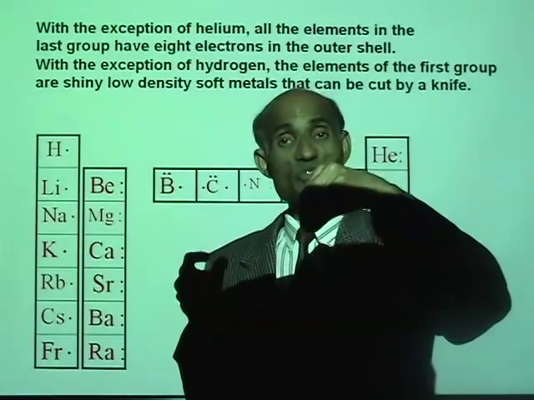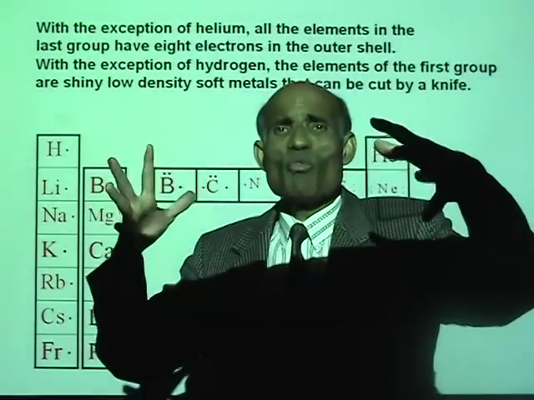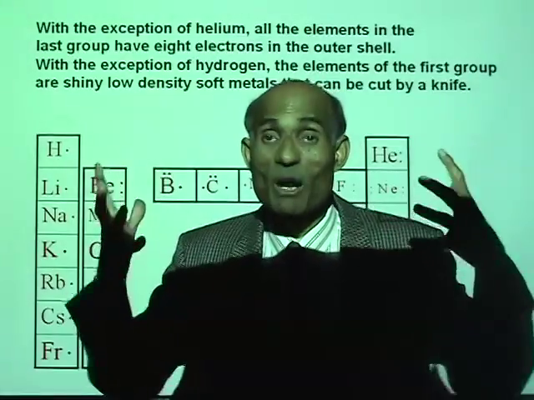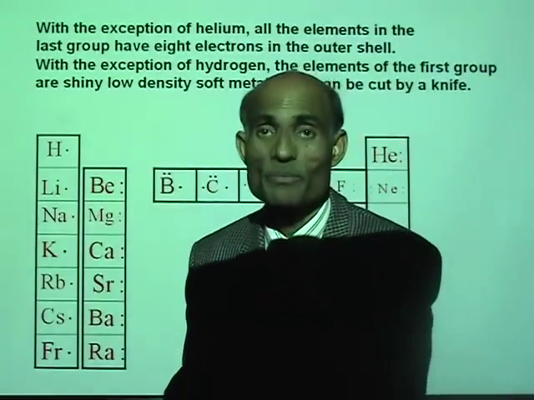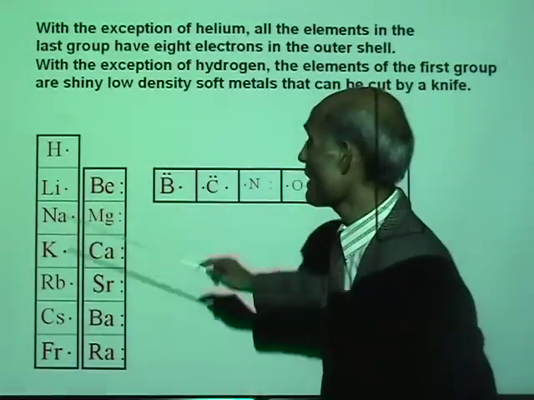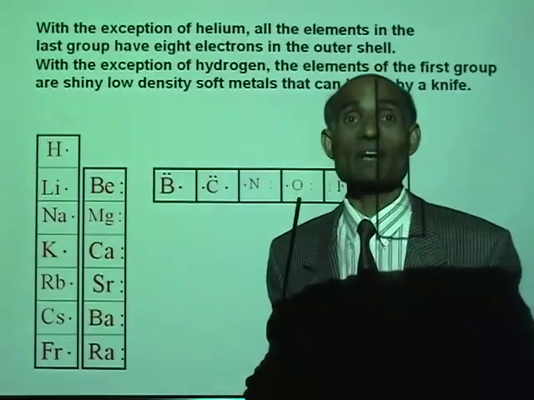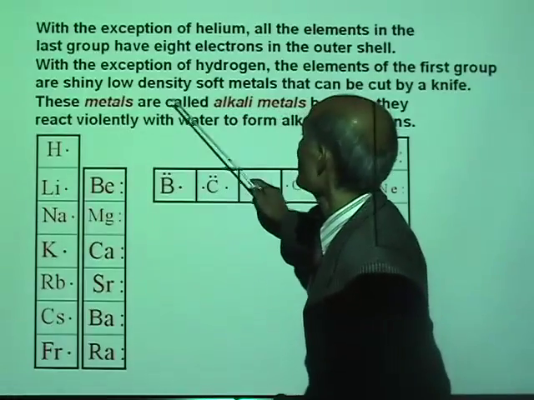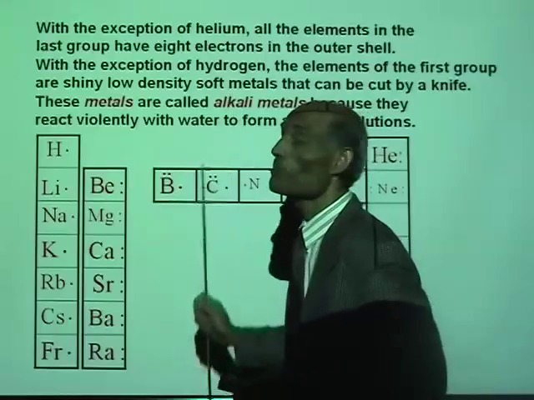If you cut a piece of sodium and put it in water, it will react violently. There will be a violent reaction, an explosion. If you put a big chunk of sodium, there will be a big explosion, because sodium reacts violently with water. In fact, all these will react violently with water. Now, these are called metals, and these metals are called alkali metals.